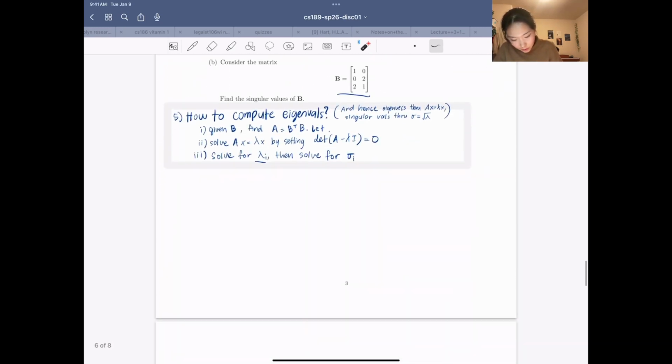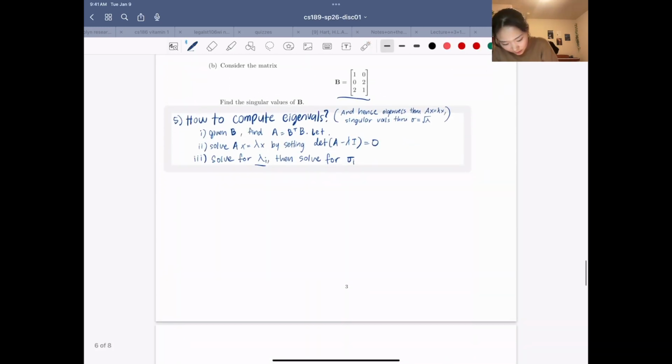Okay, cool. And so we're given this matrix B equal to 1, 0, 2; 0, 2, 1. First, we want to solve for B transpose B, which here we call A, but it doesn't really matter.